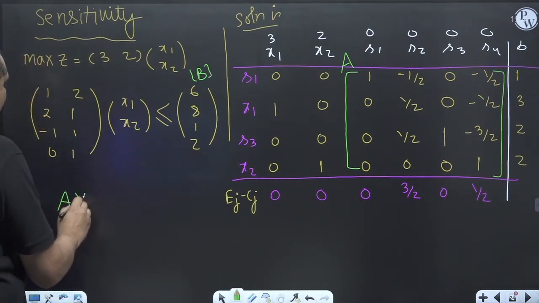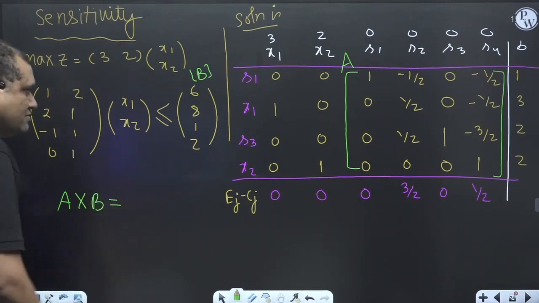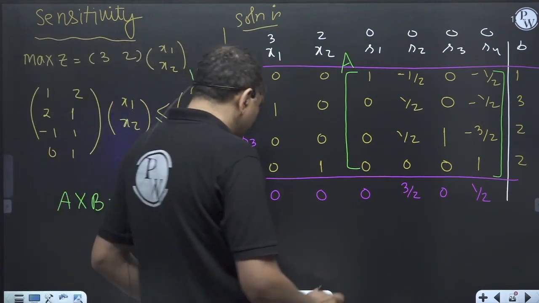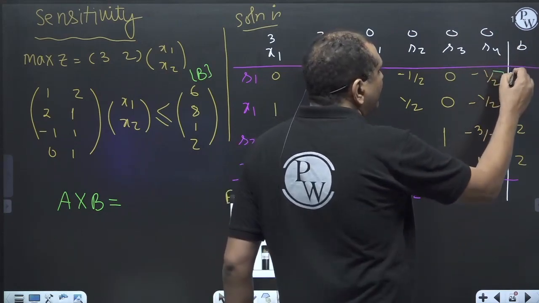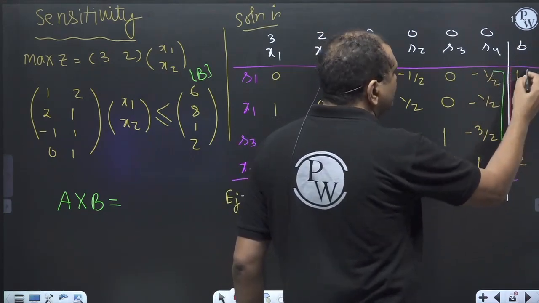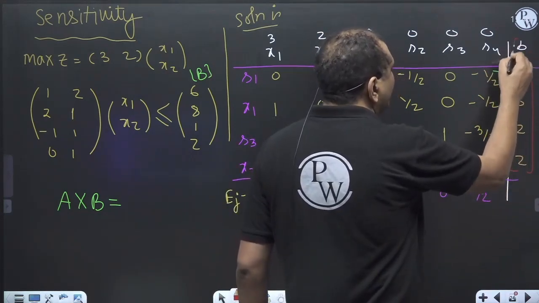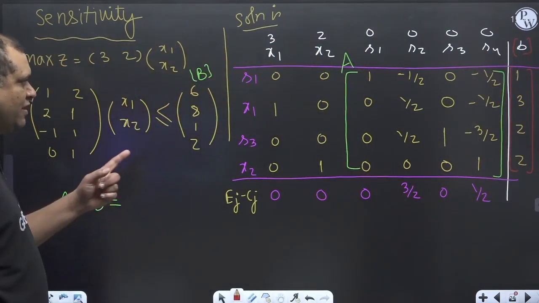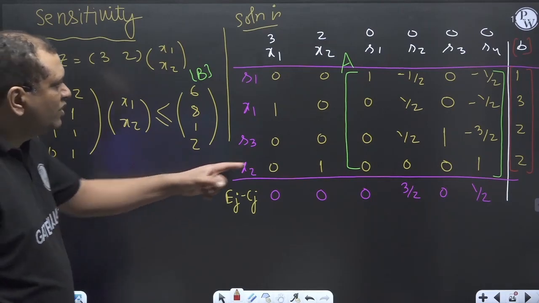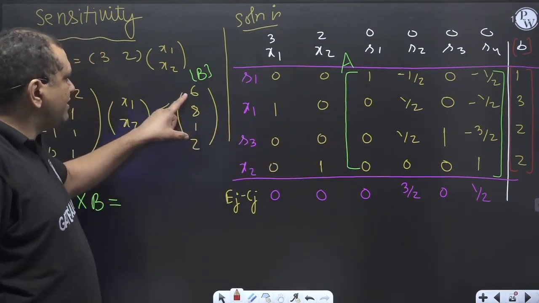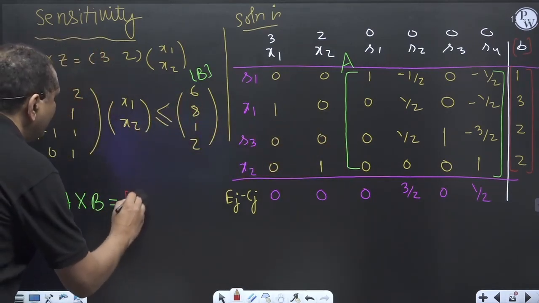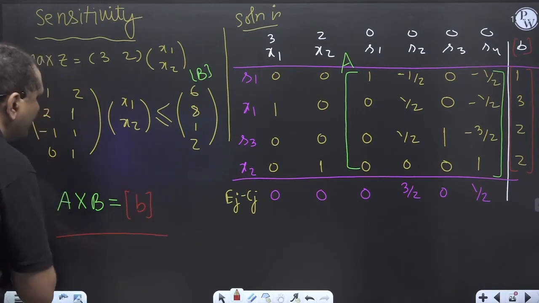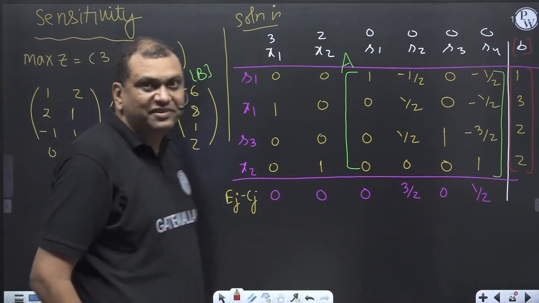If you do A matrix into B matrix, below this B, this matrix is called small b matrix. This matrix into this matrix, you will get the small b matrix.